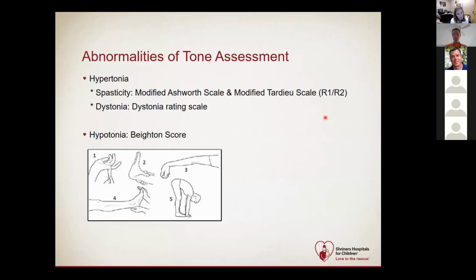Of course, these are pretty subjective measures because maybe what I measure in tone is going to be different than a physician, but it gives us some idea of what's going on with their tone and spasticity. We have some kids that come with dystonia that we can use another rating scale. And then from the other spectrum, we have kids who are low toned or hypotonic, and we use a Bayton score for that.